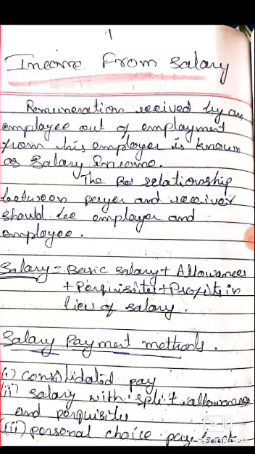In the second method the salary was the same for a cadre, but here two different persons in the same cadre are getting two different salaries. So it is the personal choice payback method. These are the three methods by which salary is paid to the employee by the employer.